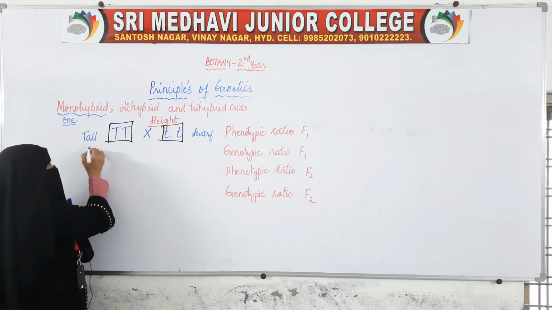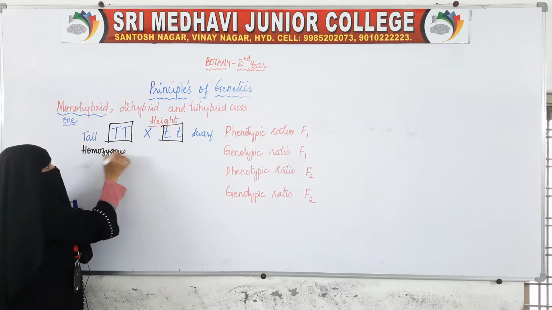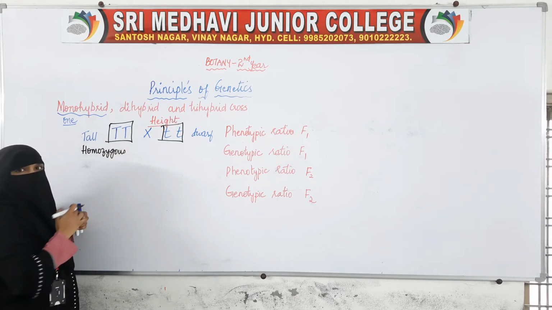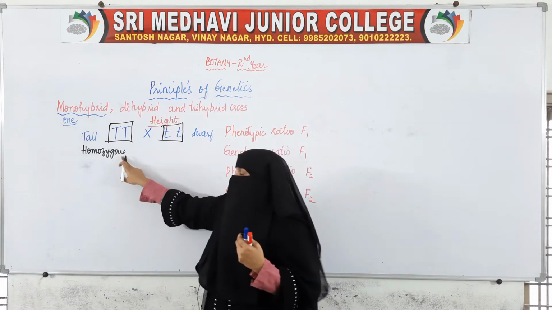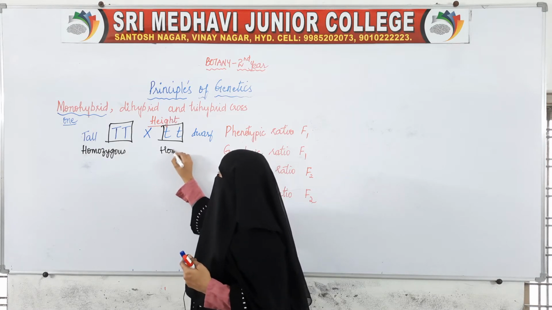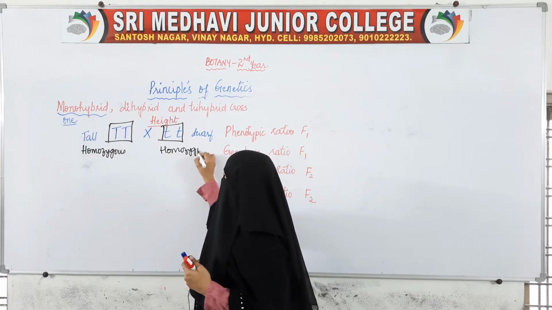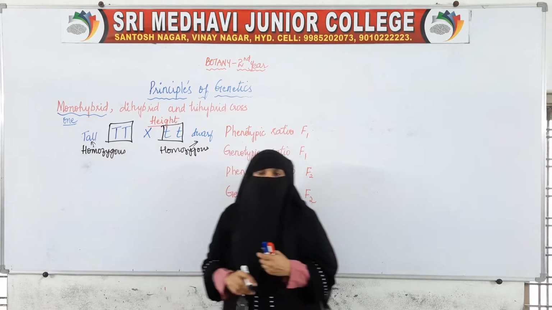This is homozygous, that is, both the alleles are of the same type. This is homozygous tall and this is homozygous dwarf.